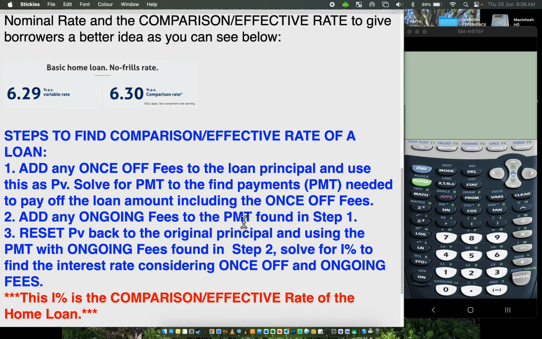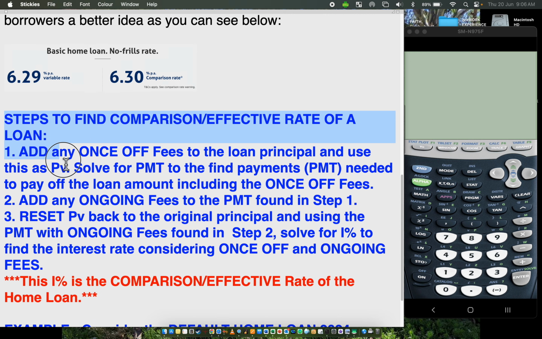These are the steps. I'll give you some time to get down the 3 steps to finding a comparison effective rate of a loan, and then I'll show you how that's done, and that'll be it for today's teaching. So step 1, you add any once-off fees to the loan principal, and that becomes your PV. Then you solve for PMT to find the payments needed to pay off the loan amount that includes the one big once-off fee.